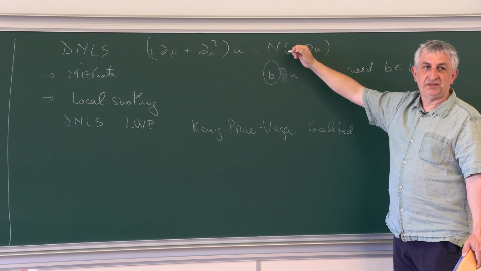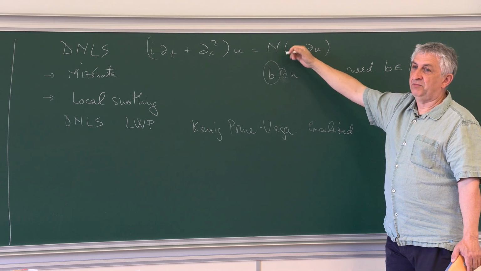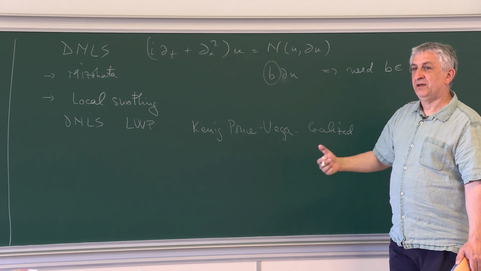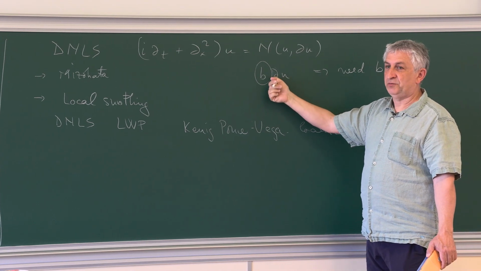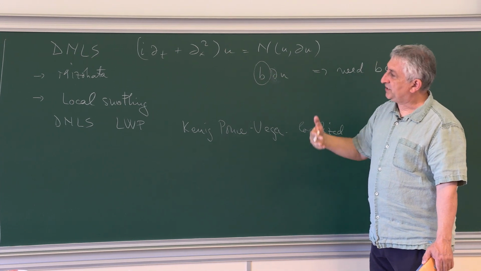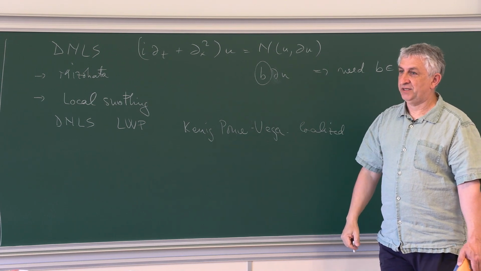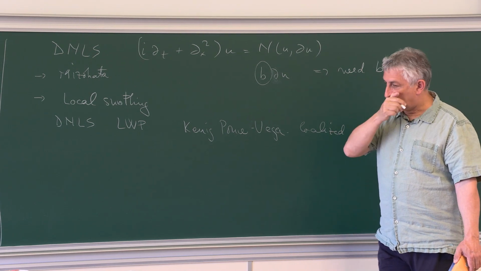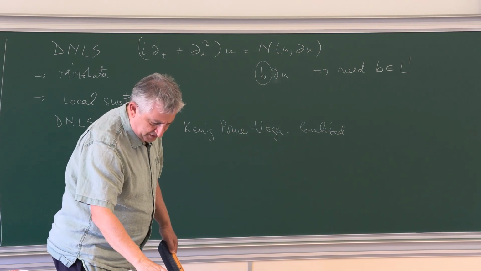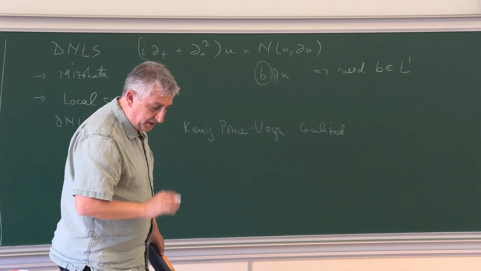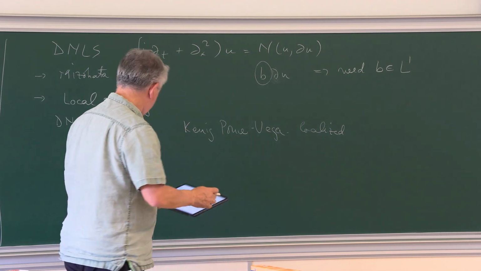And so that doesn't quite work for quadratic problems. But if you make your problem cubic, then the square of an L2 function is in L1. So you can hope to get L1 in here. And that's why if you want to work in Sobolev spaces, it's not a bad idea to work with the cubic problems. And so there are a couple of papers, and maybe I'm not getting them all, but let me write them down.